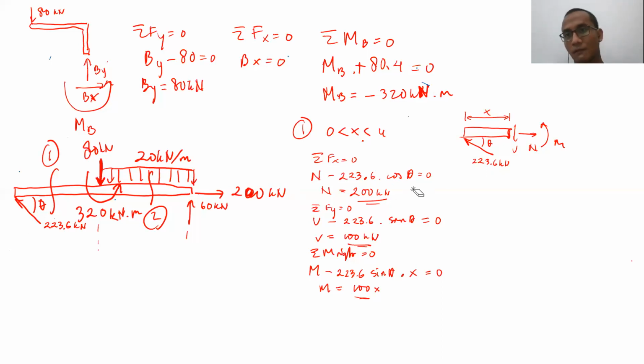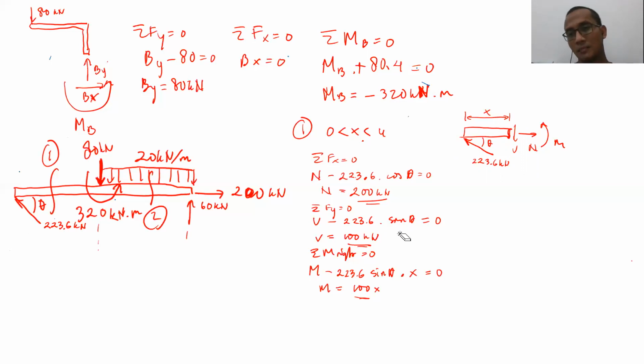And then using sigma Fy equal to 0, the only forces that have a vertical component are the vertical component of 223.6, and V. So if going down is positive, then what I will get is V minus 223.6 kilonewton multiplied by sin theta is equal to 0. That's why I get value of V equal to 100 kilonewton.